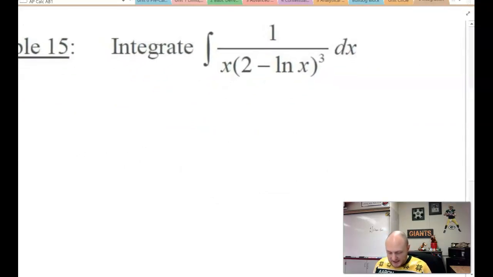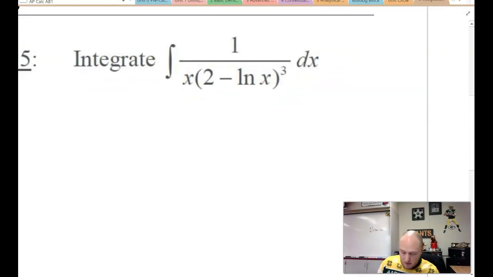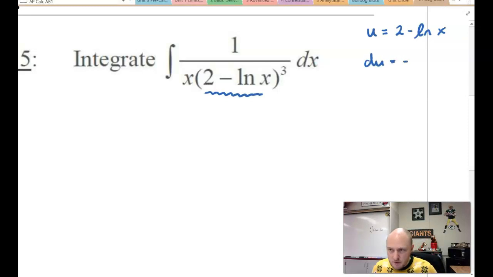All right, next example, example number 15. Okay, here, I hope you see this format, 2 minus natural log of x, and say, hey, that's a lot. What if I simplify that to be just u? u is 2 minus natural log of x. And then the derivative of this, du, is equal to the derivative of 2, which is 0, minus the derivative of natural log of x, which is 1 over x.